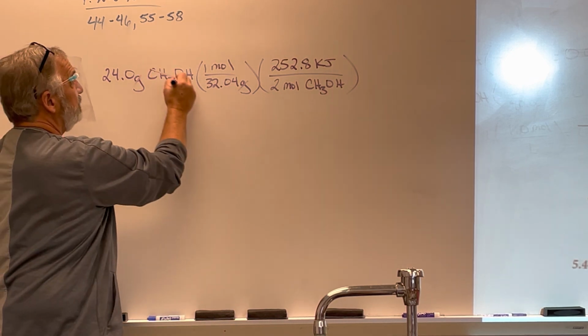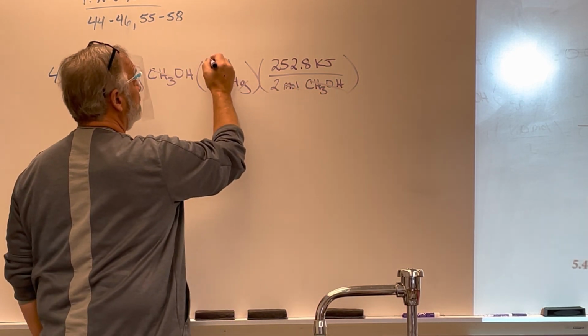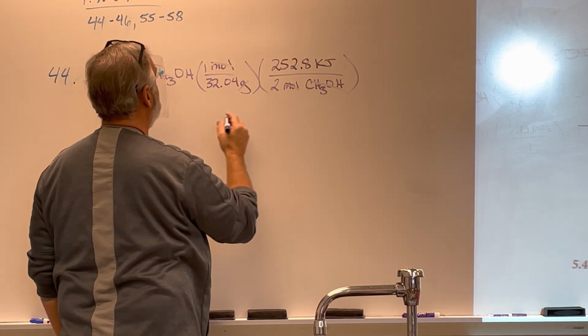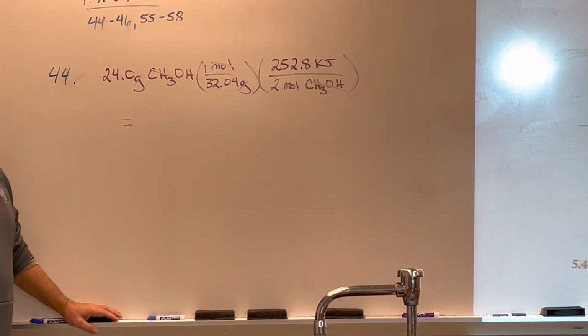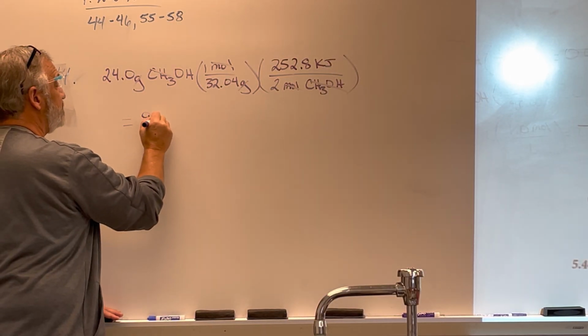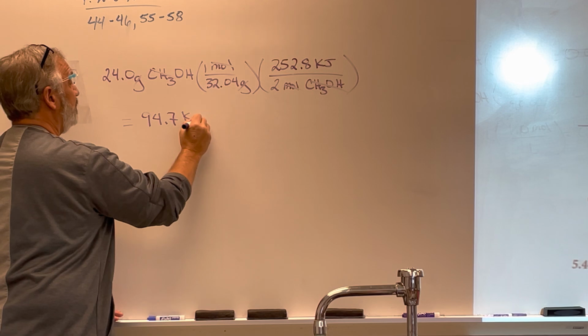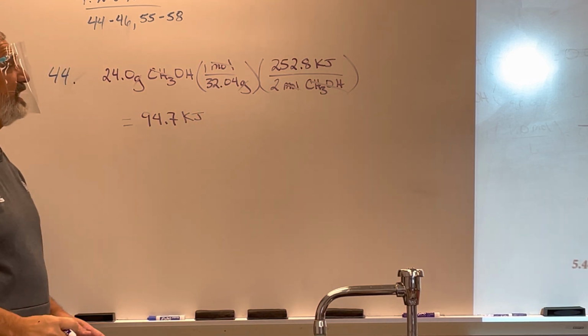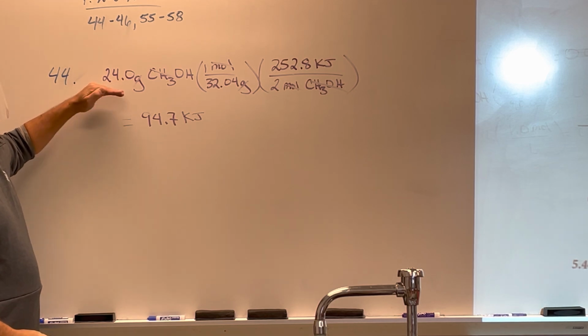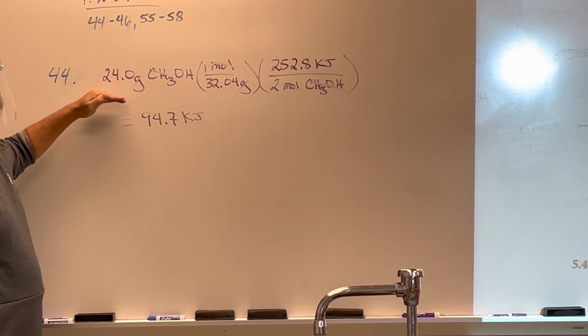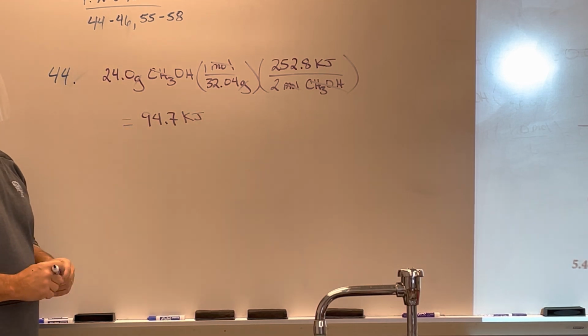So now moles of methanol cancel and we end up with kilojoules, and what does that turn out to equal to 3 sig figs? 94.7, and it's positive, meaning that that's how much energy to make, pardon me, to make 24 grams of the methanol decompose, you're going to have to put in that much energy.